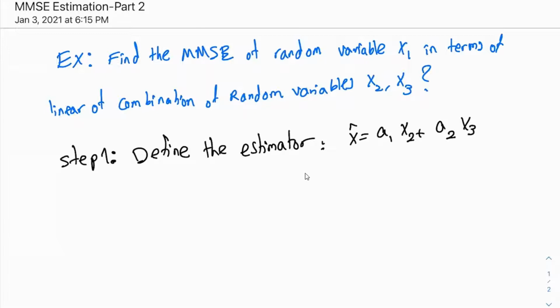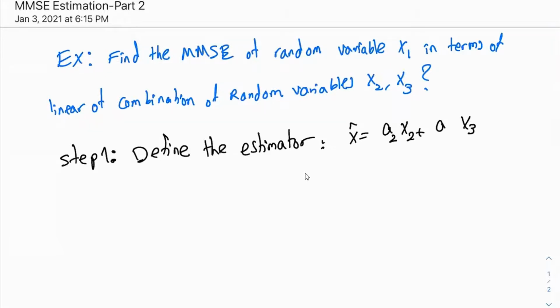Wouldn't it be better if I just use a2 and a3 x3, right? So that's our estimator, a linear combination of x2 and x3. So that's the most important step. If this step is wrong, the rest of the procedure, if you apply that, then you will get a wrong answer. First, you need to have a right estimator.